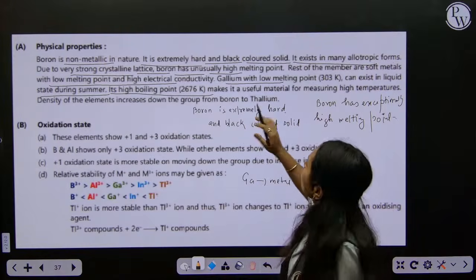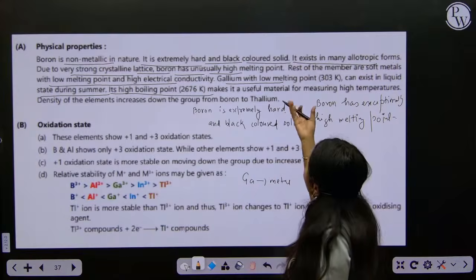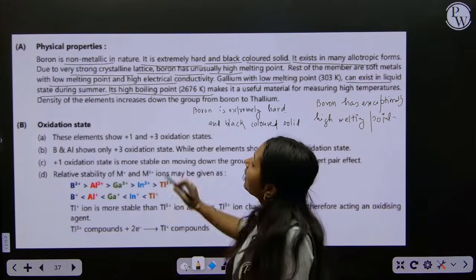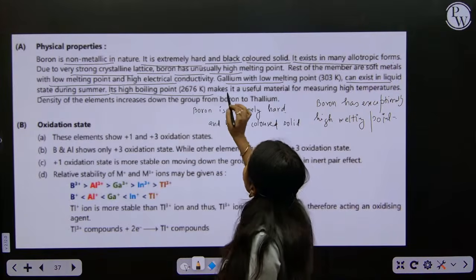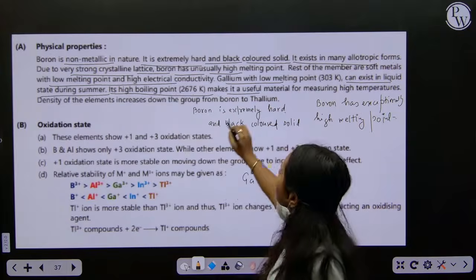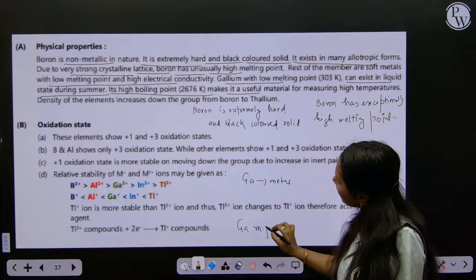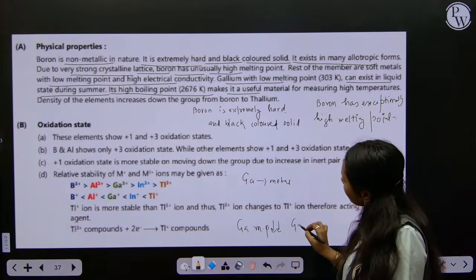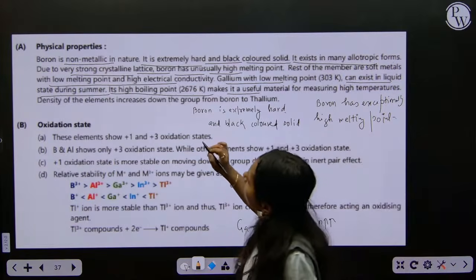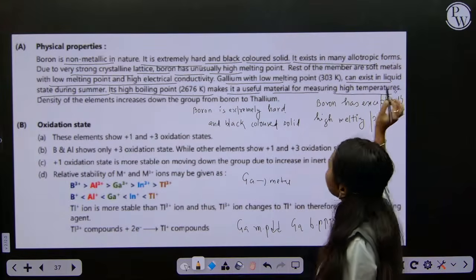So they can ask you what is the use of gallium. Its melting point is very, very low, but its boiling point is very, very high. So its high boiling point makes it a useful material for measuring high temperature.